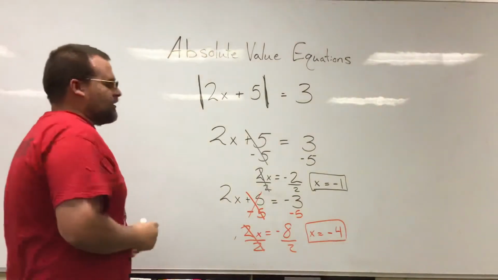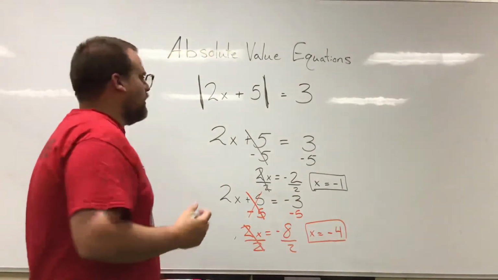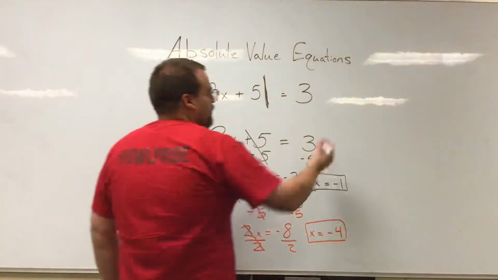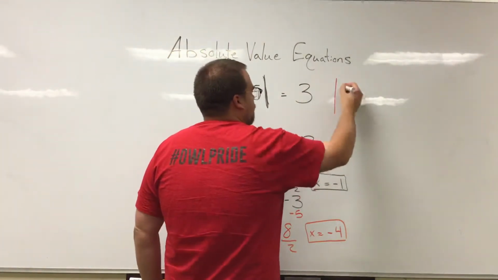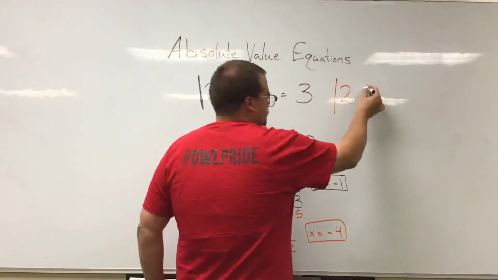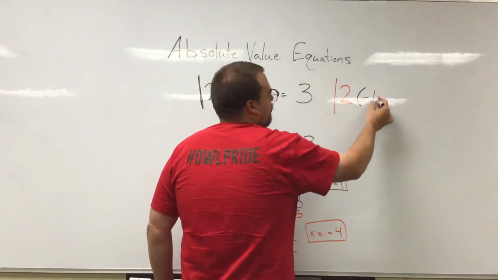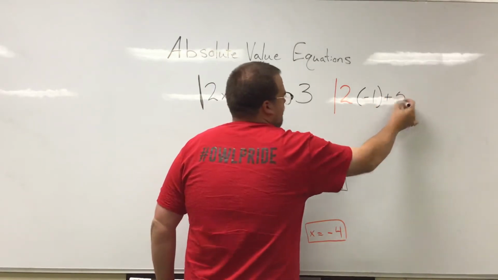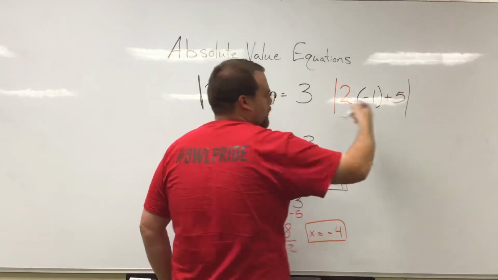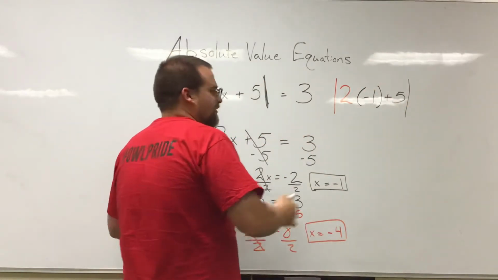If we take a look at the original problem and we substitute in these values, meaning we have the absolute value of 2, and then instead of x, negative 1, plus 5. Well, 2 times negative 1. Sorry, I just switched colors in the middle of this.